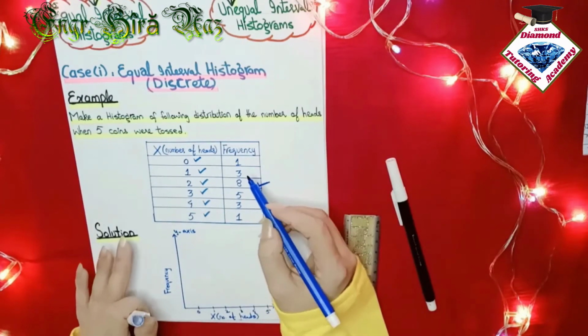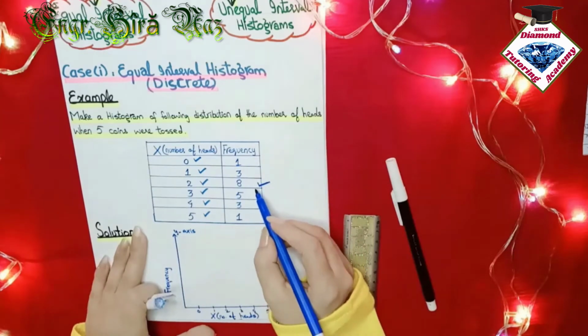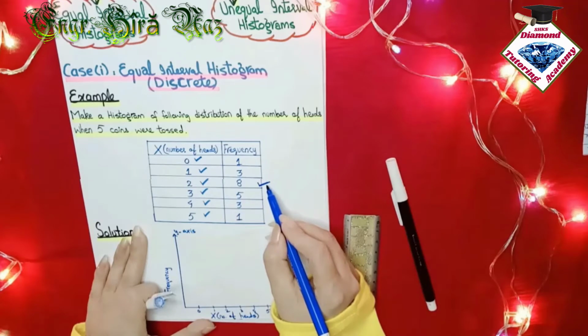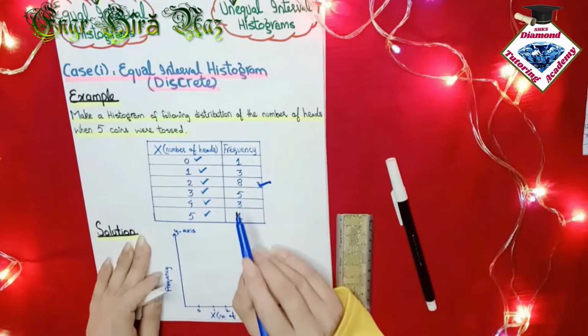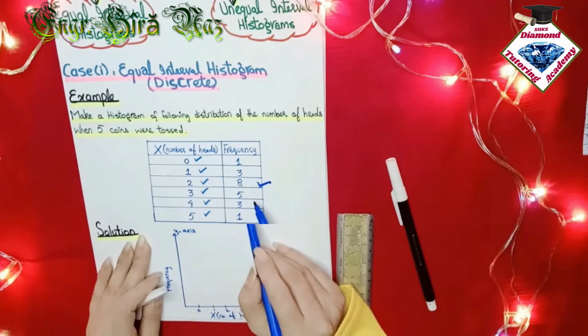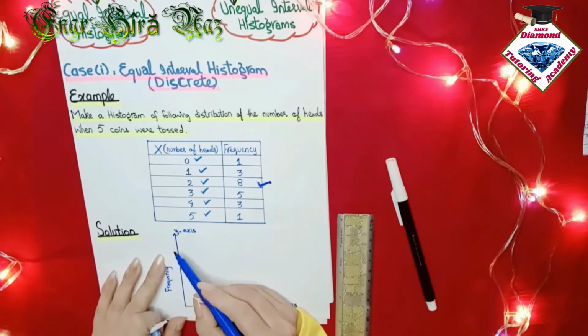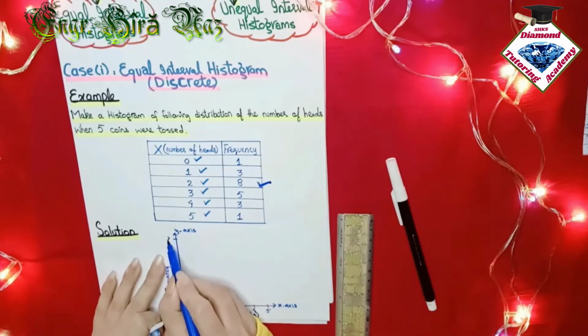Now for y-axis, you can see the second column. Here in this column, the largest number is 8 for the third class. So, knowing this, we can draw this line and mark 8 somewhere near the top of our y-axis. Understand? So, we can mark here 8.